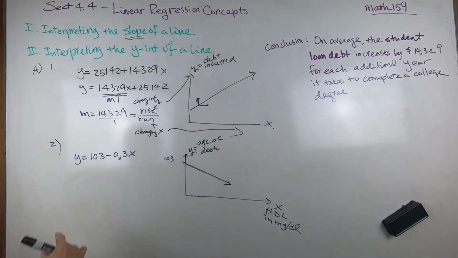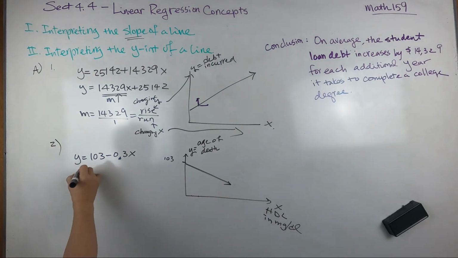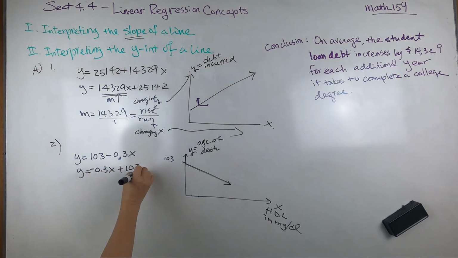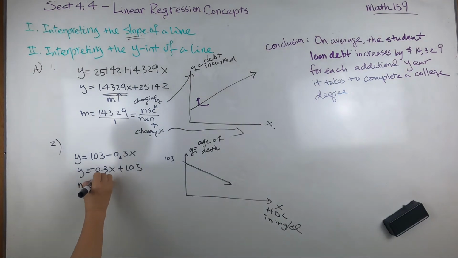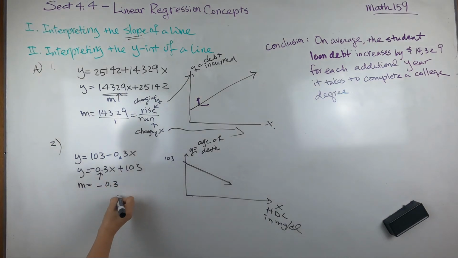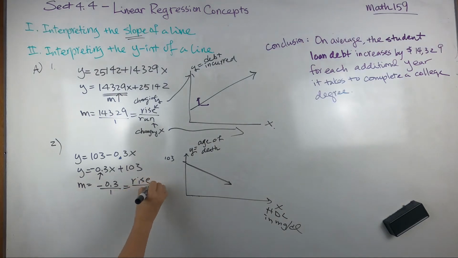By this formula, we write y equals mx plus b. Negative 0.3x. See, the slope is negative, so it goes from left to right, going down. So your m is negative 0.3 over 1. It's rise over run.